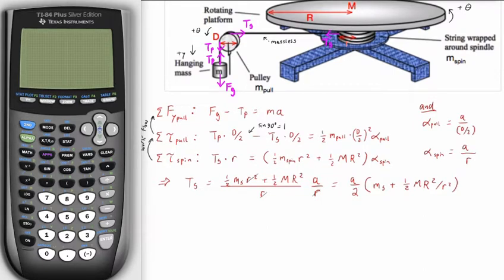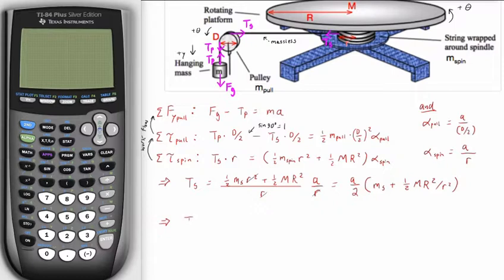All right, so moving on, we're going to work our way back up to the next step to substitute in the tension on the spindle into the equation of the sum of torques on the pulley. Right, so next step. So we'll substitute that in.